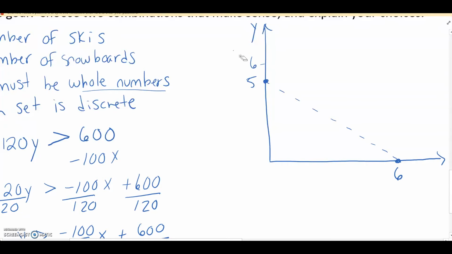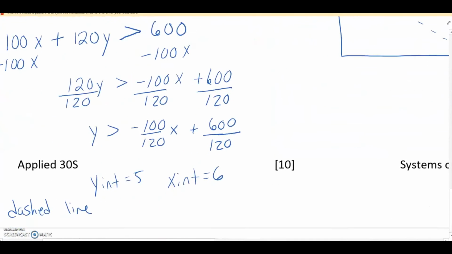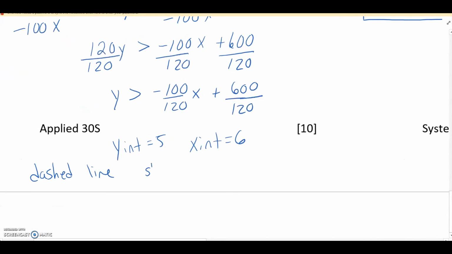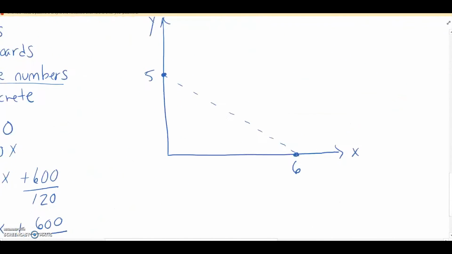And how do we indicate that on the graph? We call it stippling, which is just a whole bunch of dots. Okay, so dashed line and then stipple above. Two P's there.